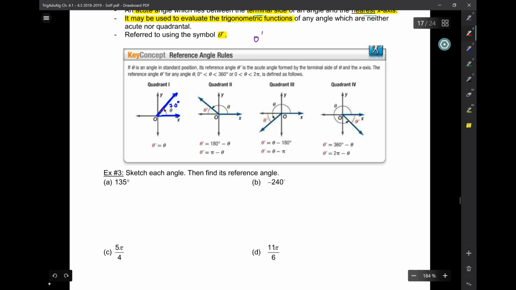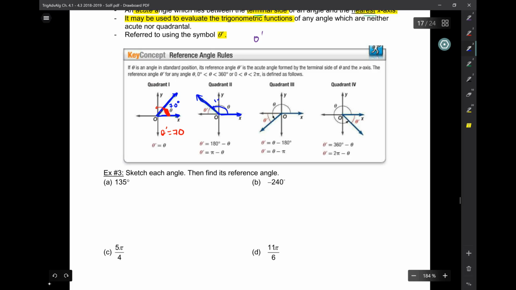From the terminal side, I could either go down to the x-axis or to the left towards the x-axis. Down is the closest way to get to the x-axis, so that is the reference angle. In this case, it's just the same as the angle before, 70 degrees. That's the boring case. What if you have an angle that's, let's say, 120 degrees here?